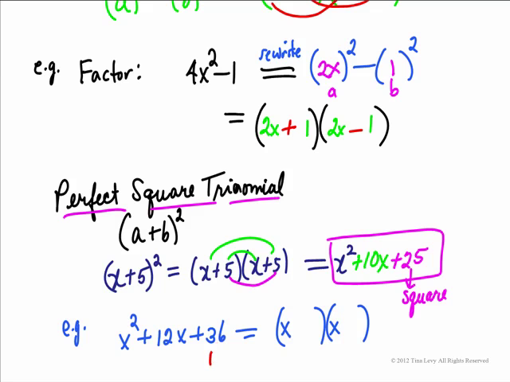This is 6 squared. So if I put in the plus 6 and the plus 6, with the inner and the outer, I double it, and 2 of those give me 12x. This is called a perfect square trinomial, and I factor it, and we can actually write it like this, x plus 6 squared.